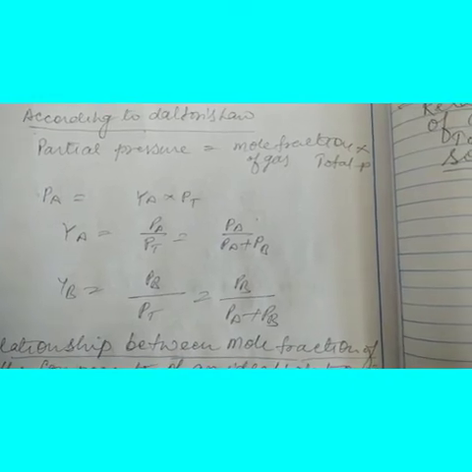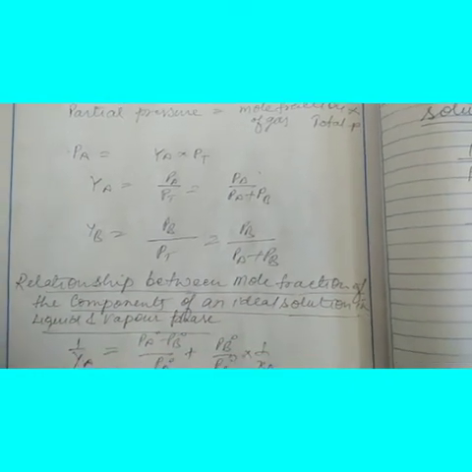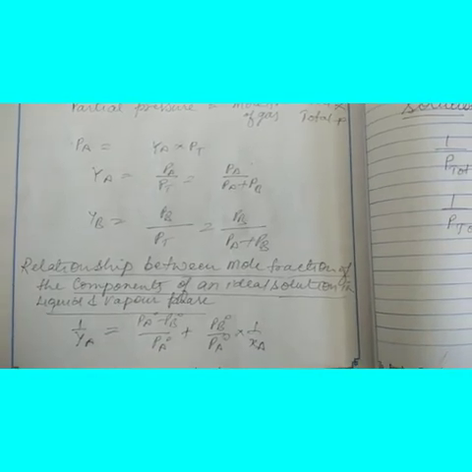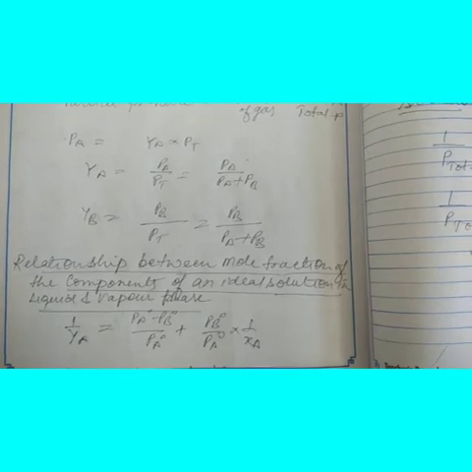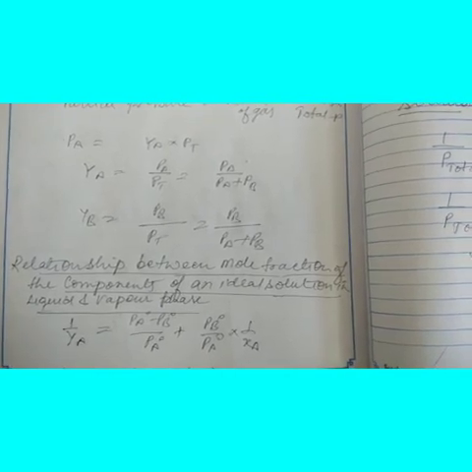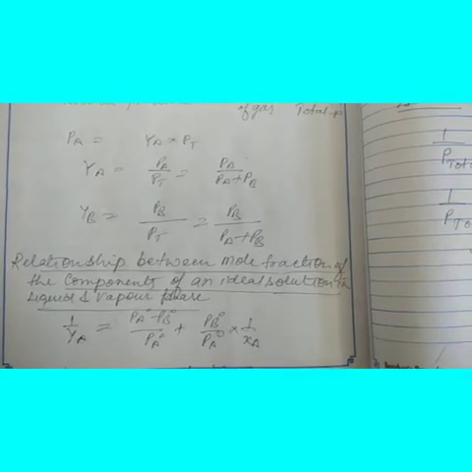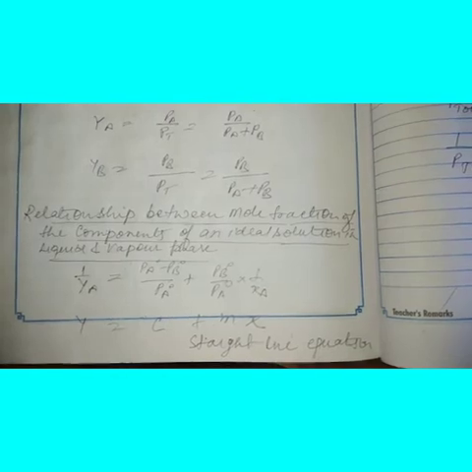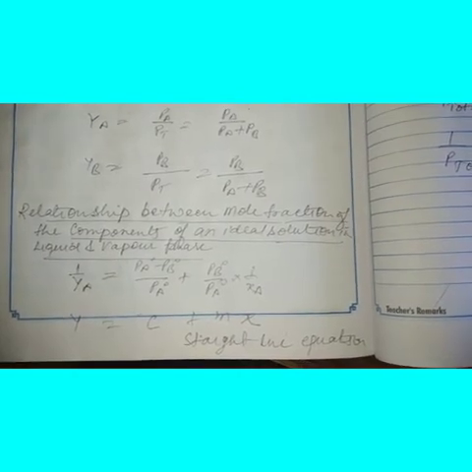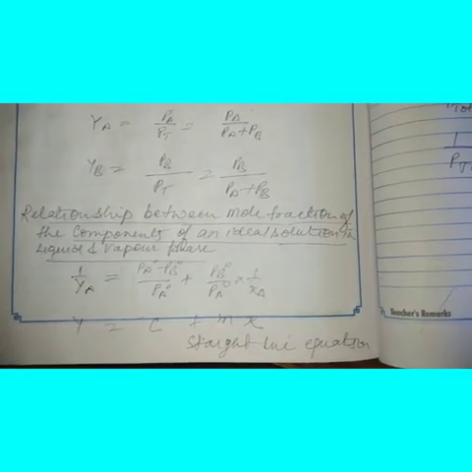After that we come to the relationship between the mole fraction of the components of an ideal solution in the liquid and vapor phase. Always remember this equation because it is important for many competitive exams like NEET, IIT and JEE.